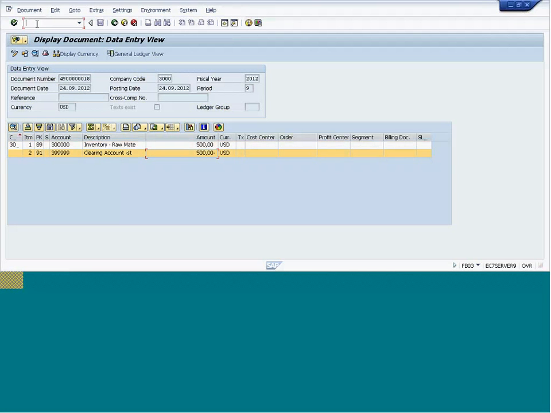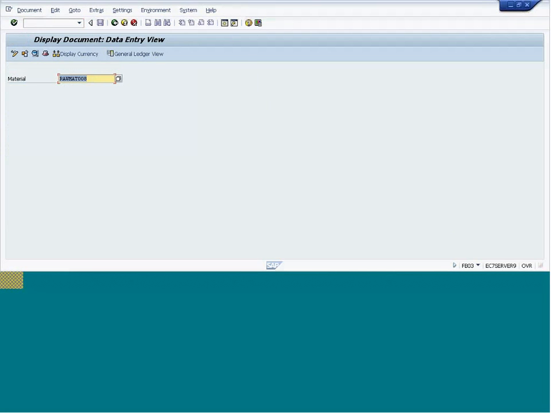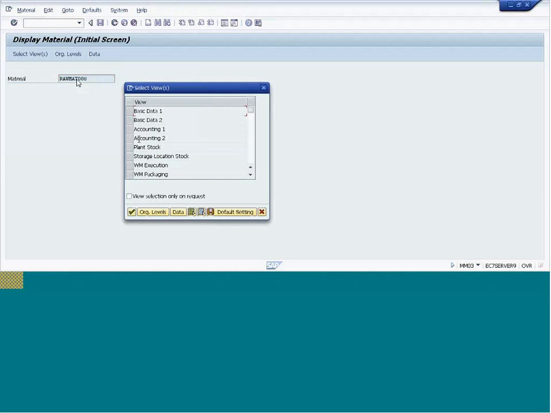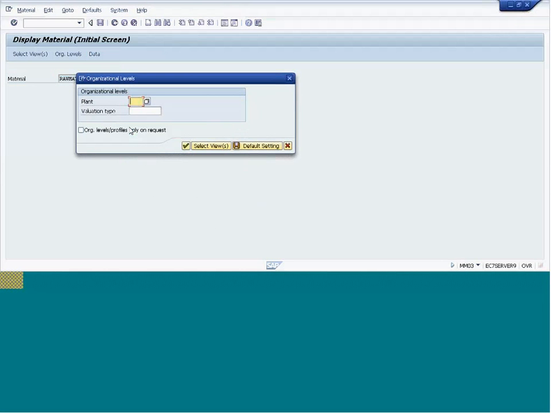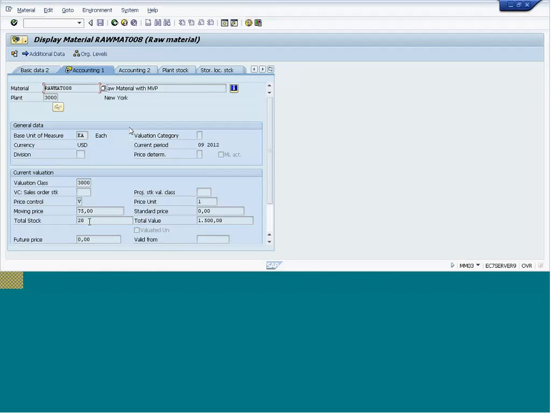And I'm going to MM03 and looking at that material master again. 75 again. Is it 75? So now if you issue the material to the production, it will issue at $75. Okay. Because that is the valuation it will take, right?